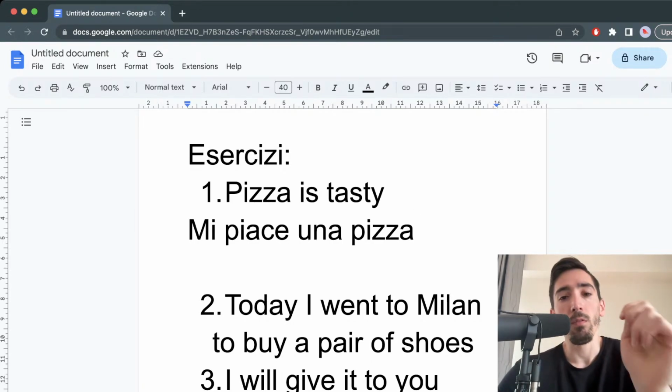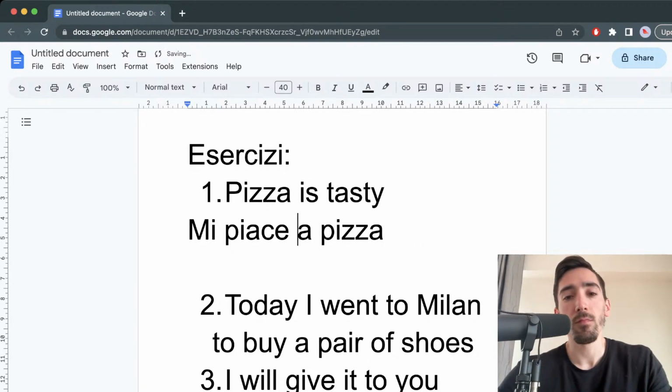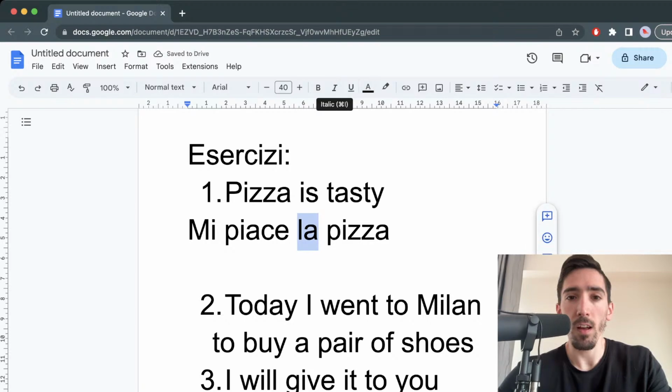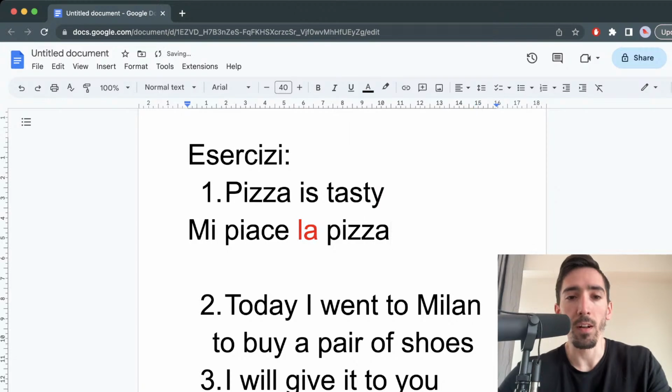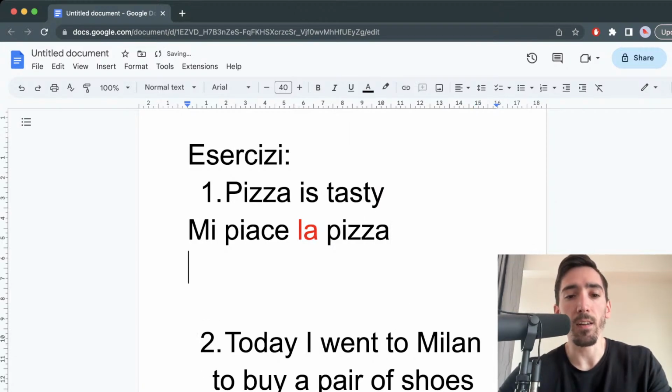For example, we could go to a restaurant and, how can I change the color? Put it red. Yeah, this is important. We go to a restaurant and say vorrei una, or actually voglio.